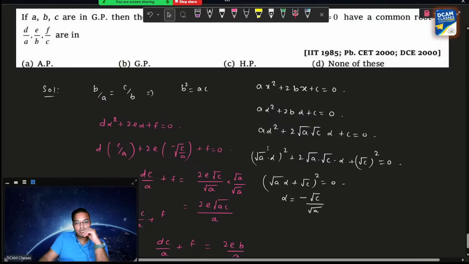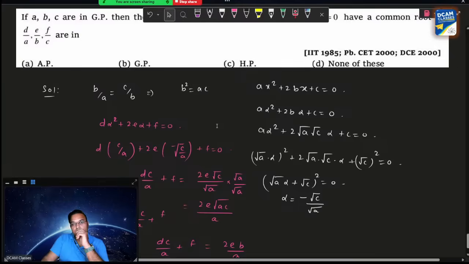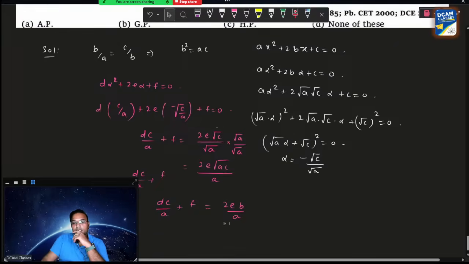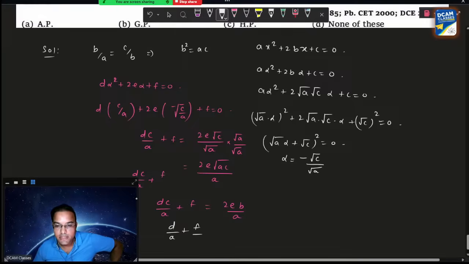What they are asking? D by A, E by B, and F by C. Something we are missing. If we divide this by C, it will become D by A plus F by C is equal to 2EB by AC.